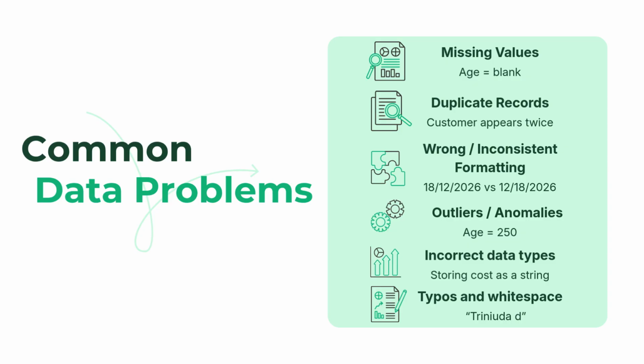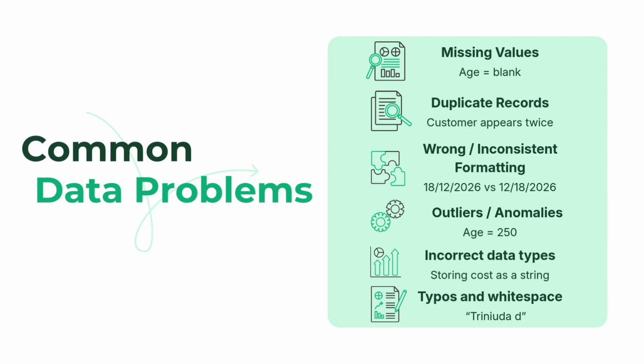Fourth, inconsistent formatting, where the same thing is written in different ways. Think Trinidad and Trinidad and Tobago, where the word "and" is an ampersand, all referring to the same country but written differently. Fifth, outliers or anomalies. Values that are way too high or way too low, like an age of 250.